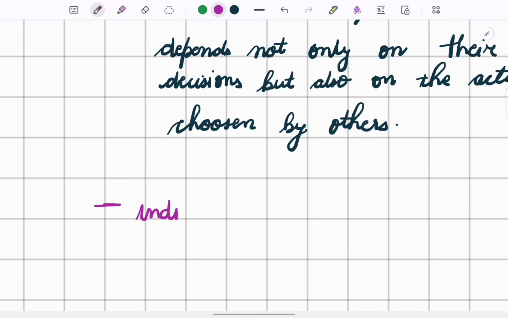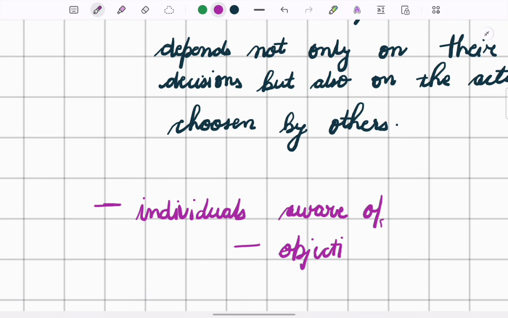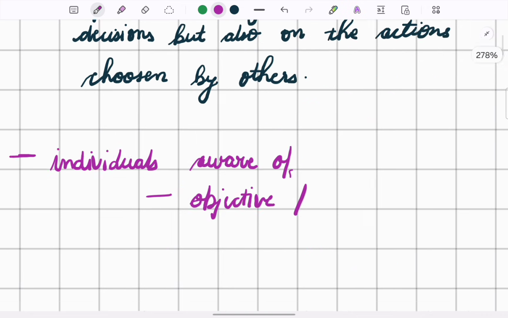So individuals are aware of their objectives, or we can say their preference set, limitations or constraints.